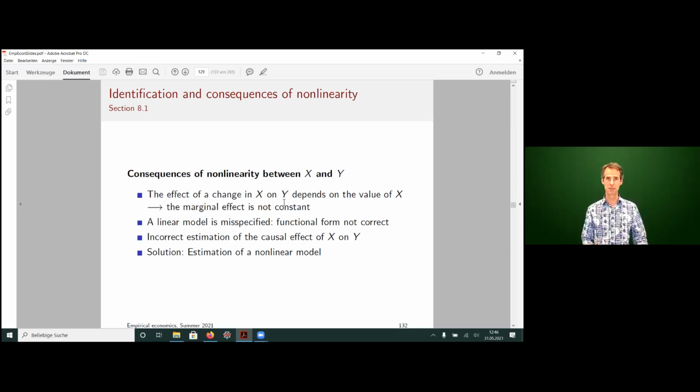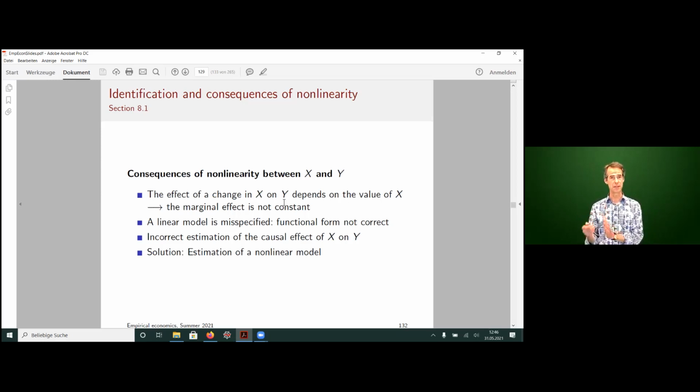Or if we have multiple regressors, it depends on the values of all the regressors. So in other words, the effect of a change of a regressor on the endogenous variable is not constant.